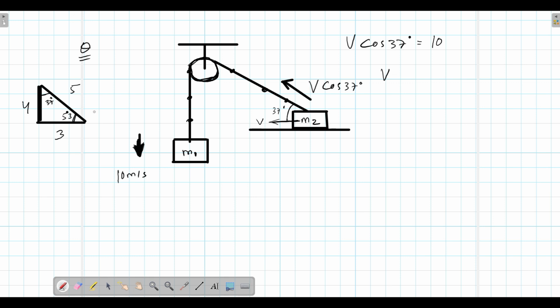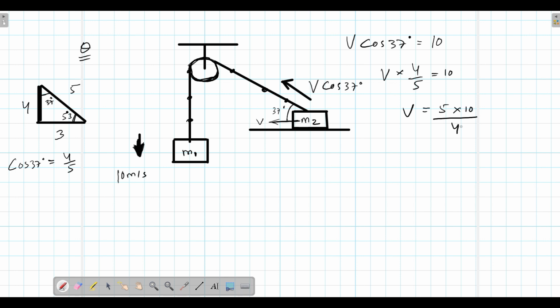So cos 37 is b by h, that is 4 by 5, that is 10. V equals to 5 into 10 divided by 4.